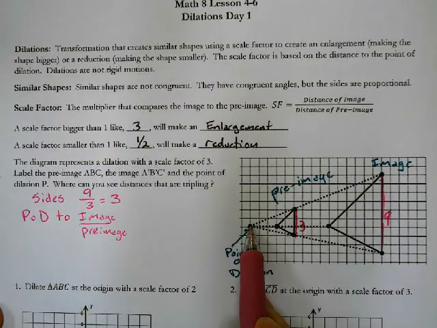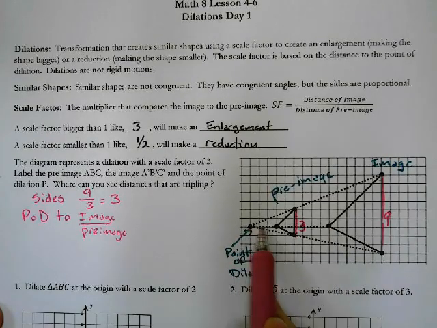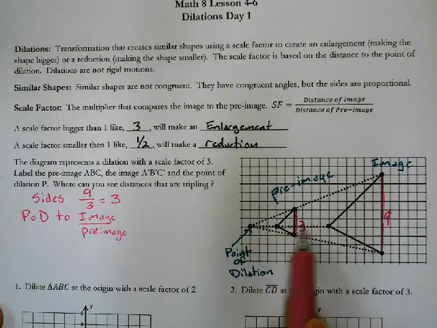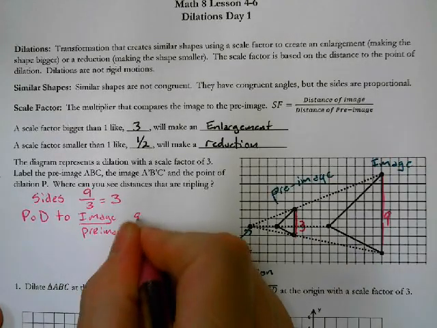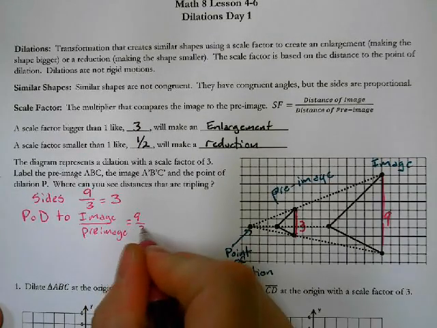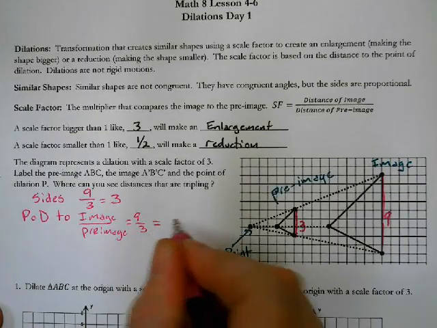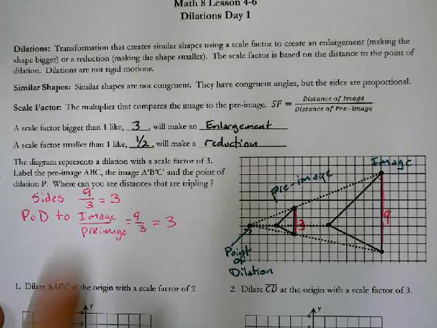So this to this point here, we're going 1, 2, 3, 4, 5, 6, 7, 8, 9. And then from here to here, that's 1, 2, 3. So I'm getting that 9 over 3 ratio again. So I'm seeing the scale factor again right there.